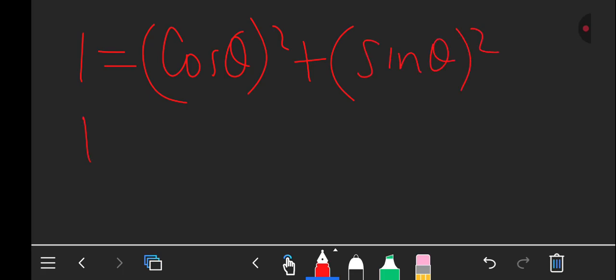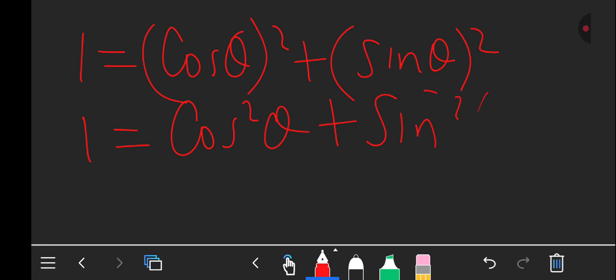Okay, so we're going to have 1 is equal to cos squared theta plus sin squared theta.